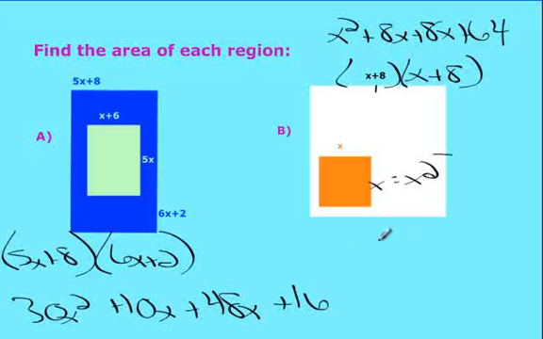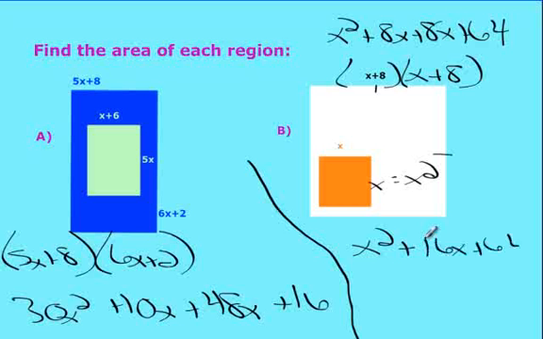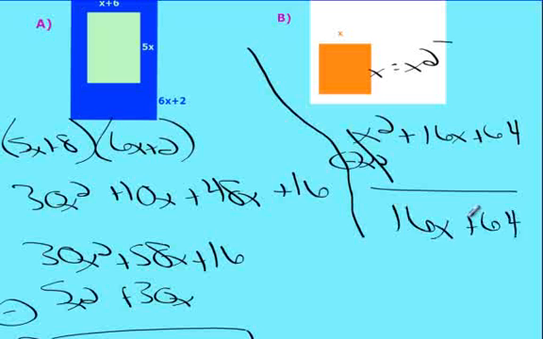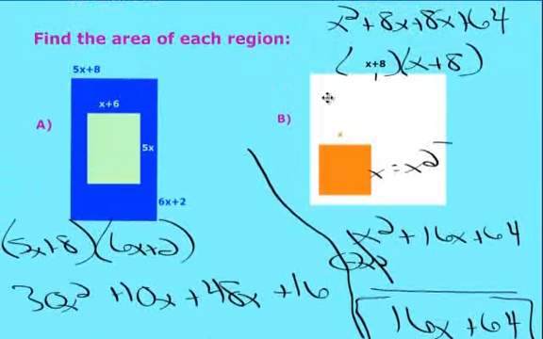So what we'll get is x squared plus 16x plus 64 minus our x squared. So I probably don't have to do all this here. You realize your final answer is 16x plus 64, or the area of the white square minus the orange square. Okay, so not too bad.